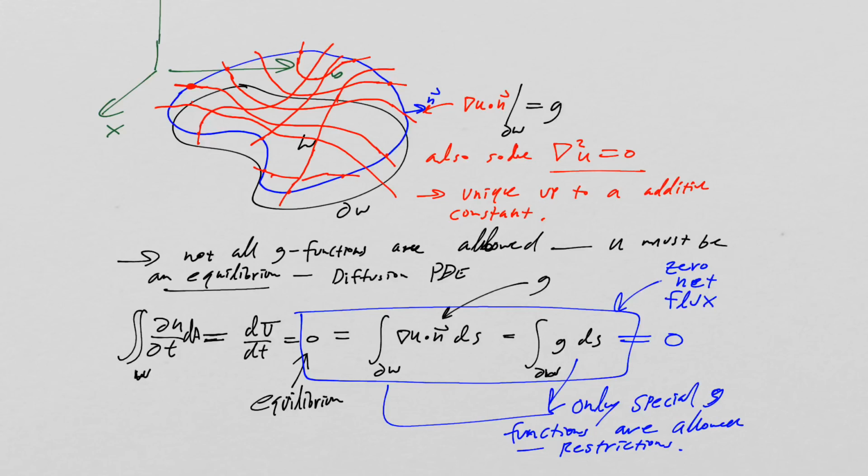So of course you're looking for an equilibrium. If you're studying a Neumann boundary condition, you're doing it subject to this idea that the flux has to be net zero. So it's a natural condition to have, but it's one of those things you have to be mindful of. Not every function you can use there, only special ones.